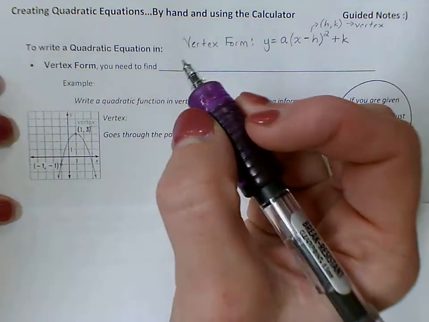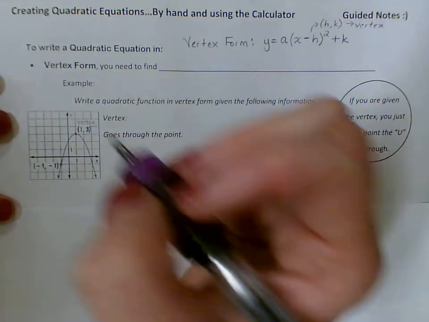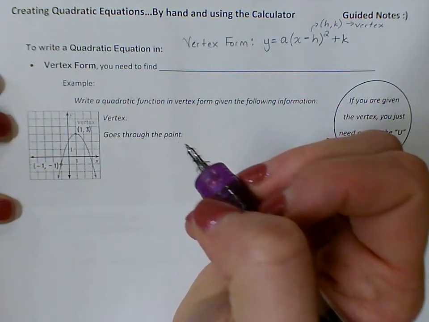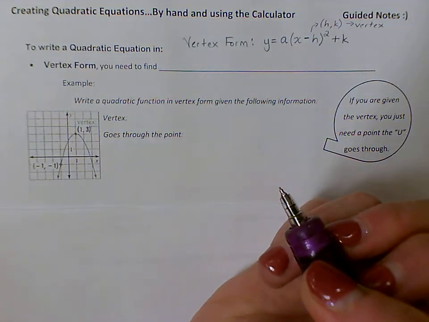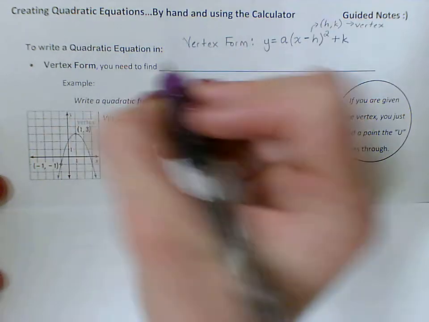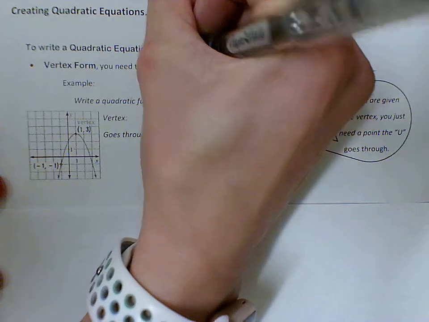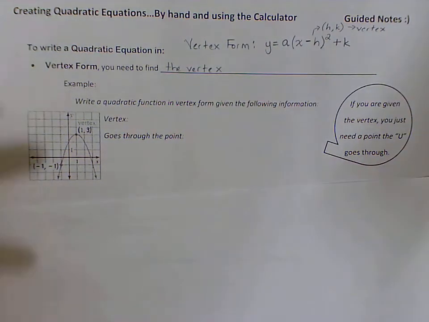Okay, so they're going to give you various information, but if they ask you to write it in vertex form, you essentially have to find two different pieces of information to put it in that form. You're going to need to find the vertex, so you're going to have to find that turning point of the parabola, or that U shape.